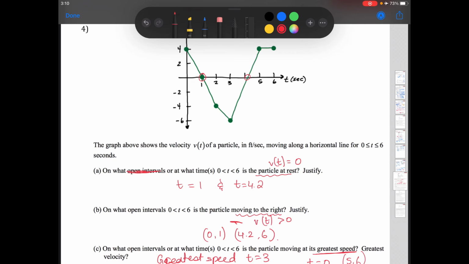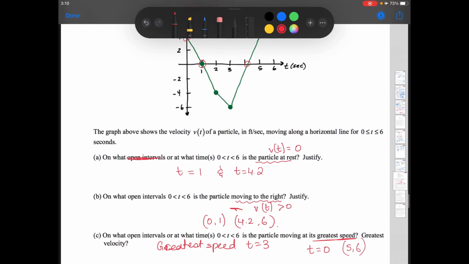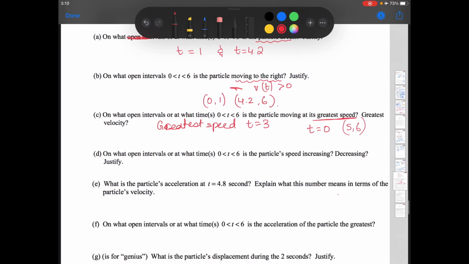It is the positive y value furthest away, so at 4, and then from 5 to 6 it is a positive number there.